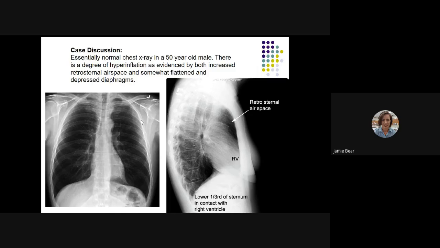Can anybody tell me, if someone has some air trapping, what might we think about? Do you think this would be asthma? COVID?